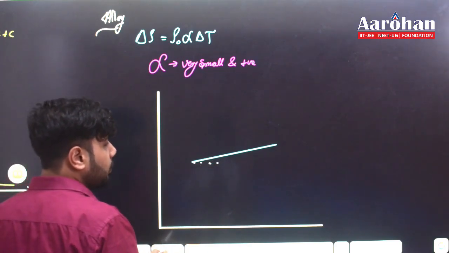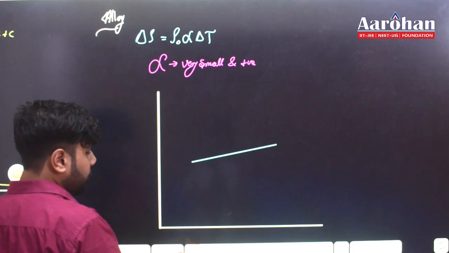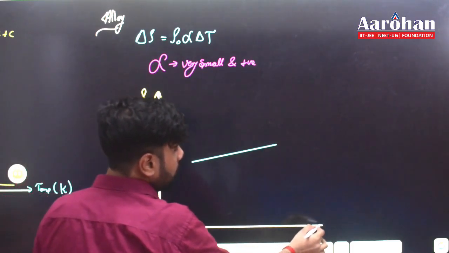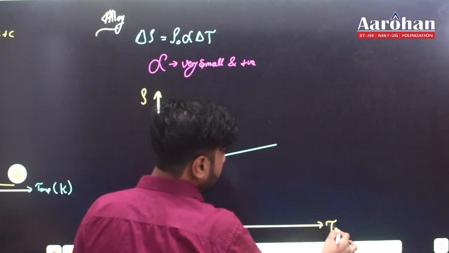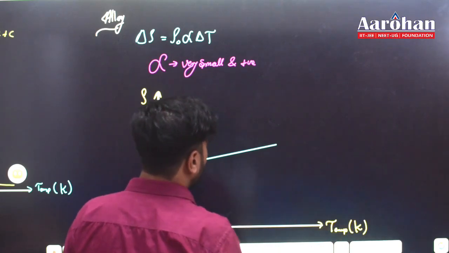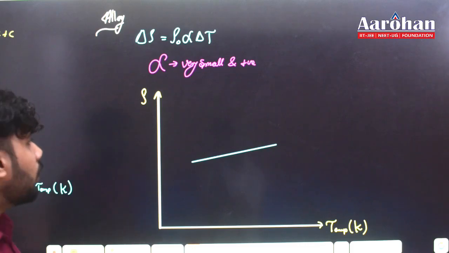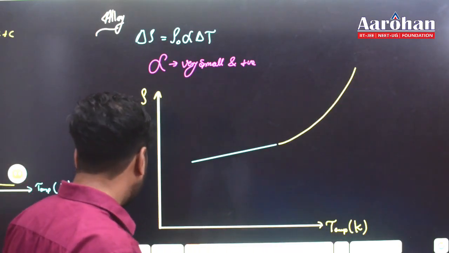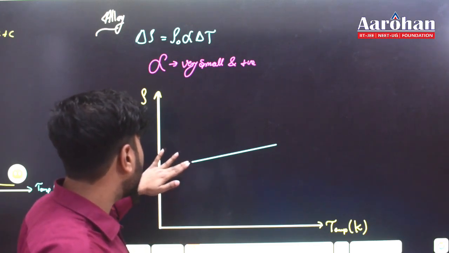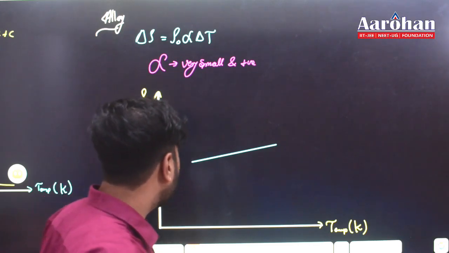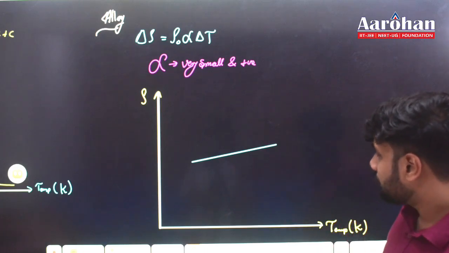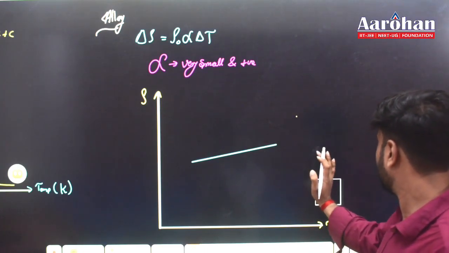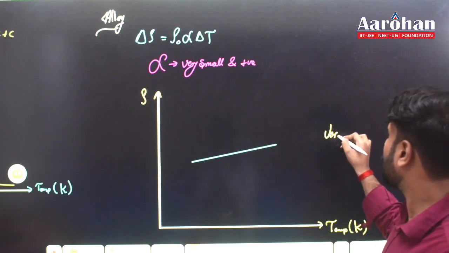Even though the slope is very small, it is not zero. So the resistivity versus temperature graph for alloy is like this. And why does it have a very small slope? Because alpha is very small. If you go higher, it will have a curve shape, and if you go lower, it will have the similar character. It will decrease, then it will become nearly constant. That is your alloy. Still, it will have a very small slope.